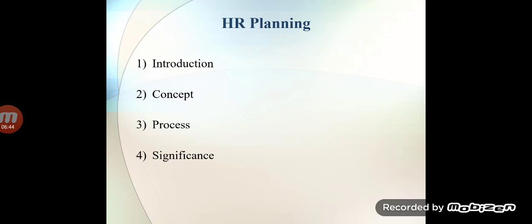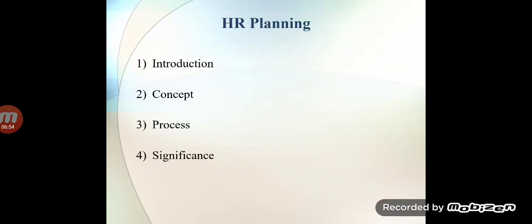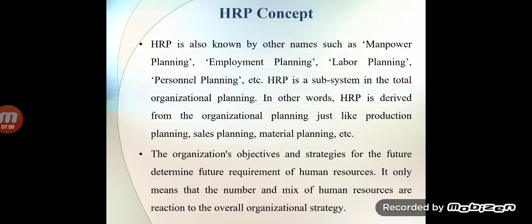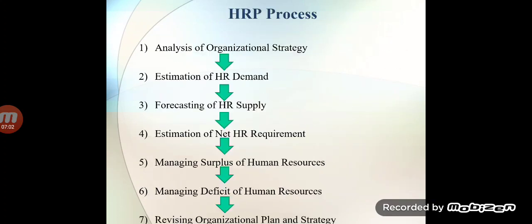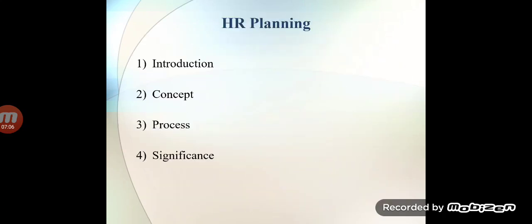Like the first definition, Coleman has given the definition of HRP. I have given detail about the definition, introduction, concept, but here first I will explain point to point, then we will discuss in detail.